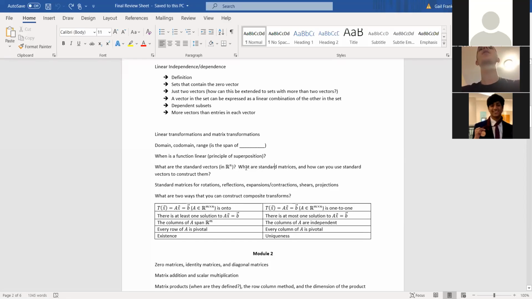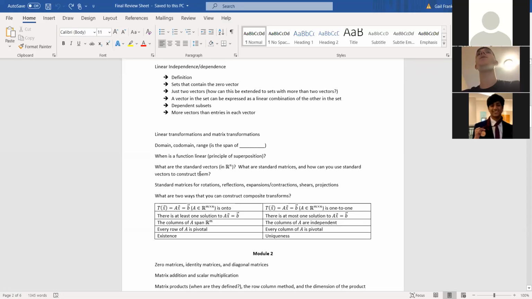We talked about in module 1 rotations, reflections, expansions, contractions, shears, and projections. And each one has a matrix that you can multiply a vector by that represents the transformation. And how do you construct them?